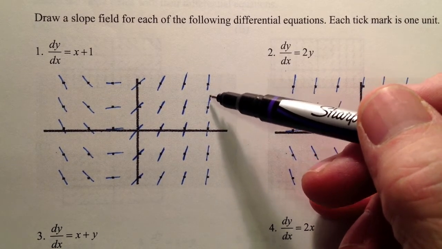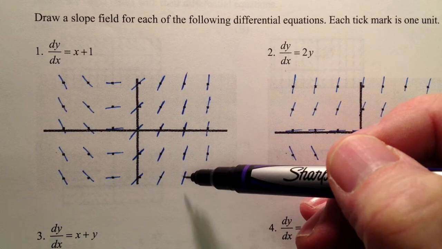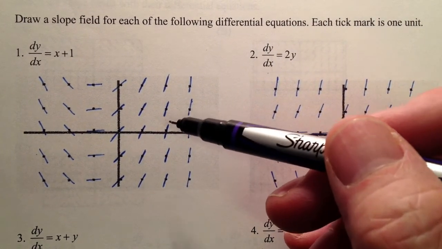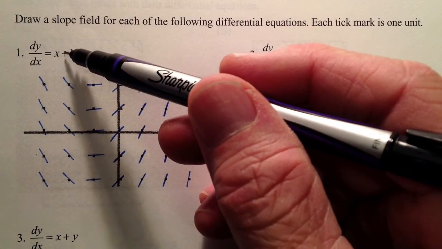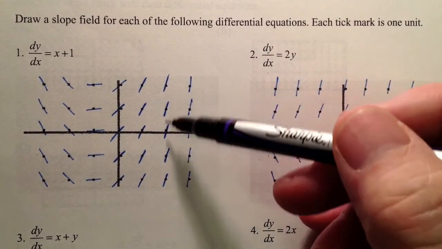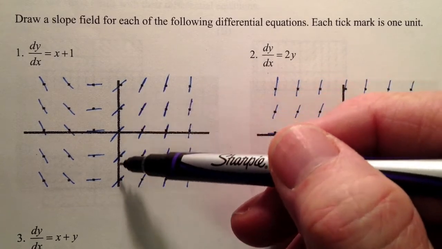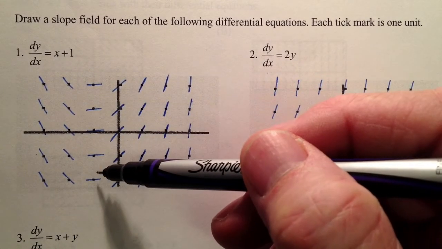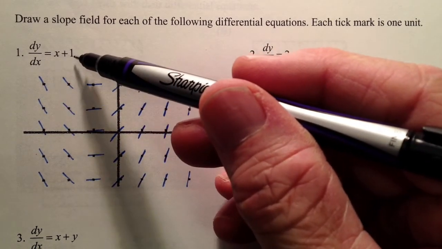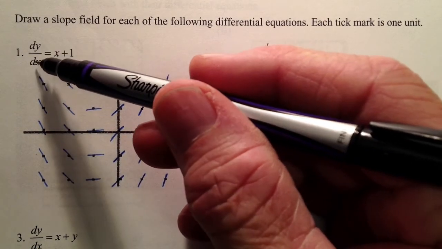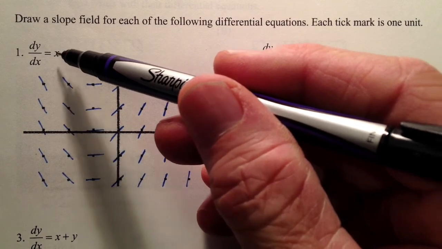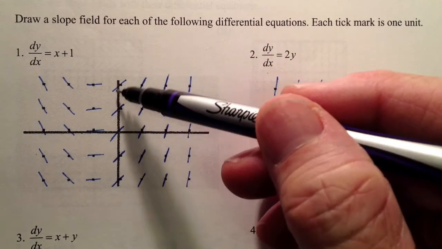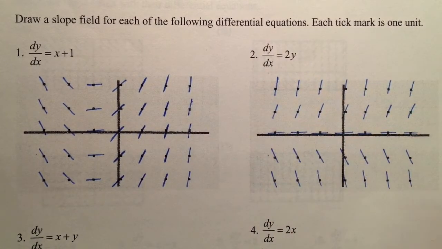Okay? The slopes do not depend on y, and if you can grasp that concept, then when you're matching a slope field to a differential equation, the slope fields where the slopes don't depend on y aren't going to have a y in the differential equation. In other words, dy/dx will not depend on y. Here, dy/dx only depends on x. So that's why you see in the columns the slopes are all the same.